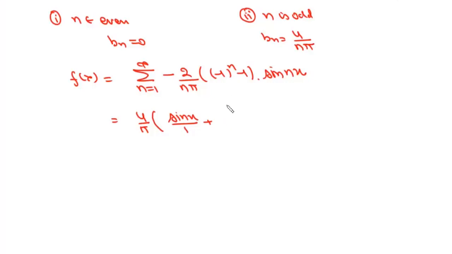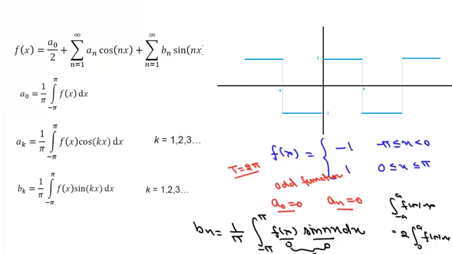Now we put n as 2, it'll be 0. Now we put n as 3, we'll get this as sine 3x upon 3 plus sine 5x upon 5, and will continue up to infinity. So this is the Fourier series for the given square function, which is an odd square wave.